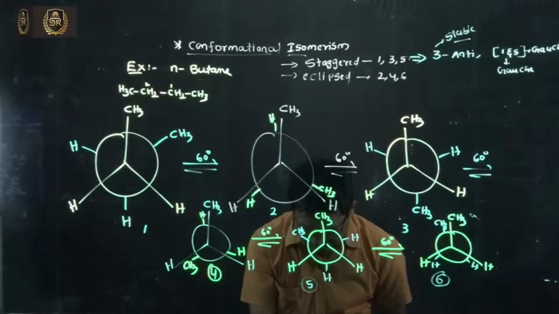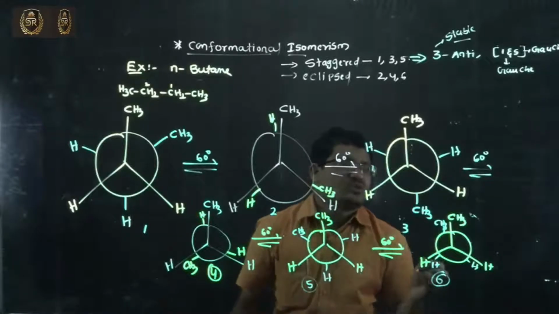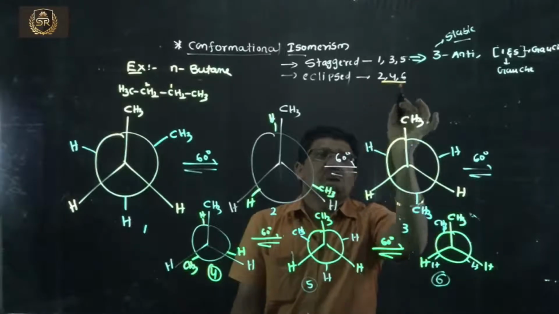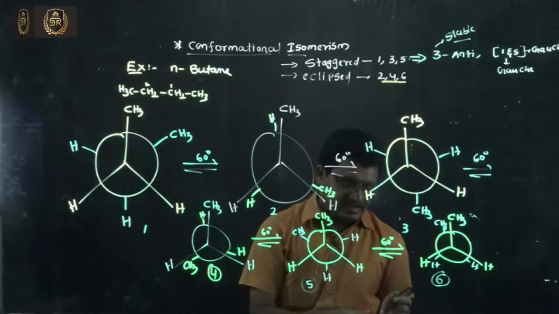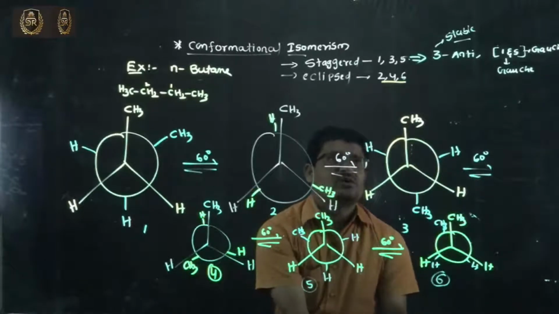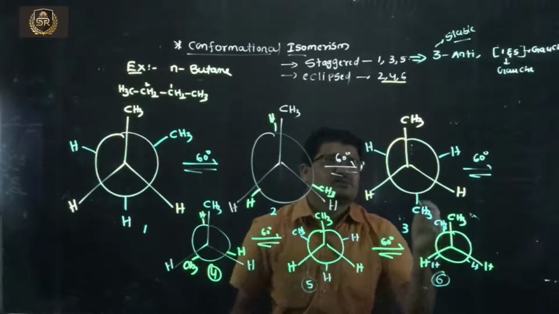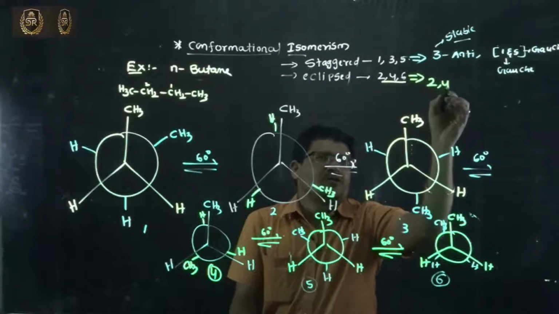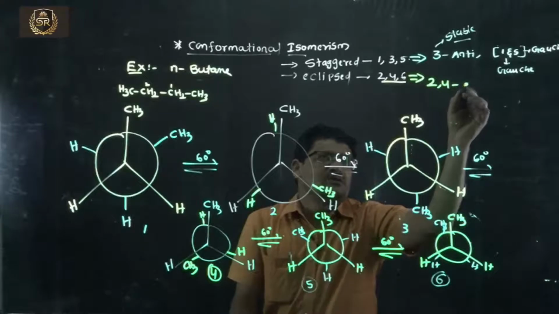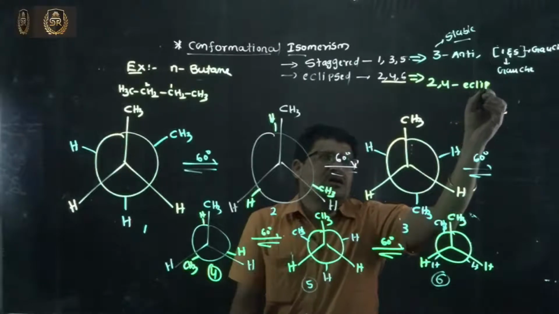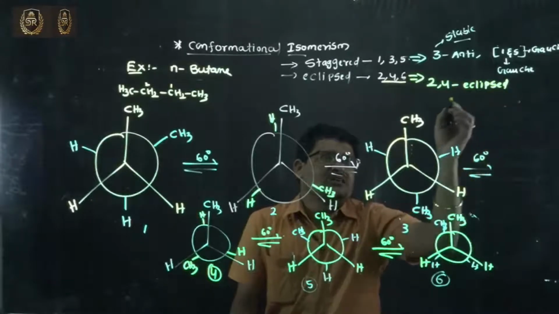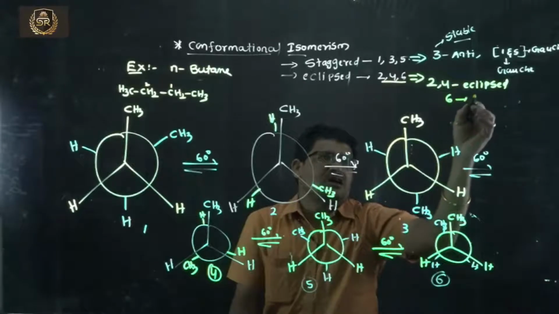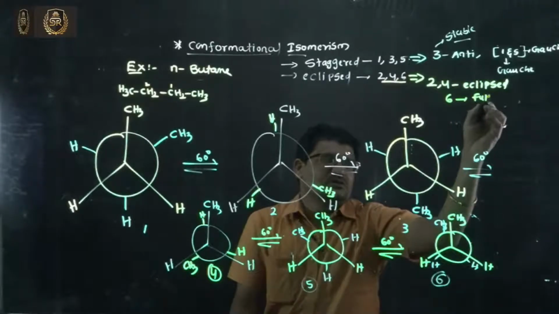Next, 2, 4, 6 are called eclipsed conformations. In these, 2 and 4 are called eclipsed conformations, and the sixth conformation is called fully eclipsed.